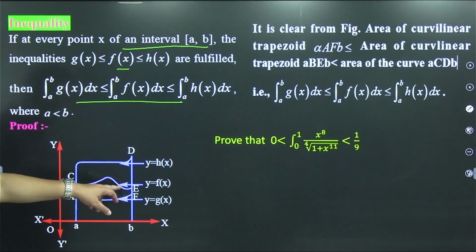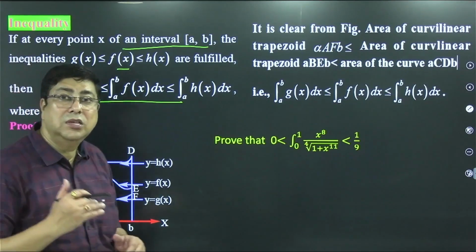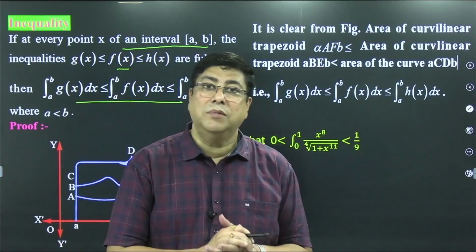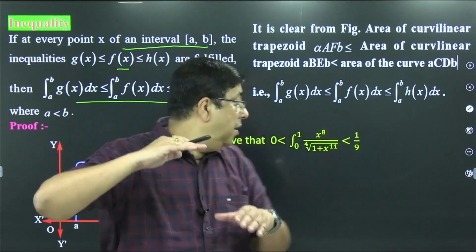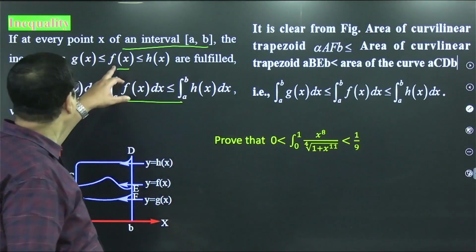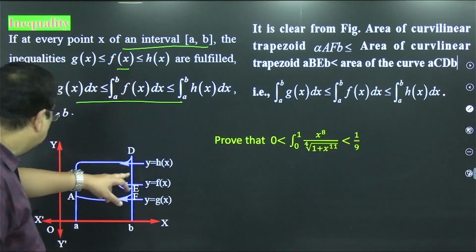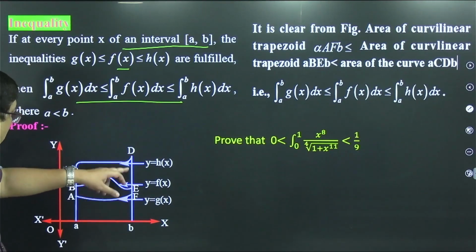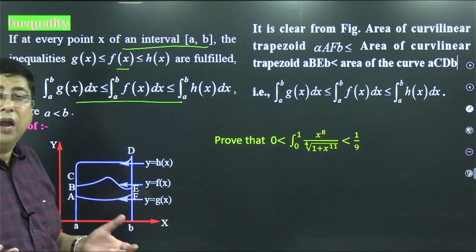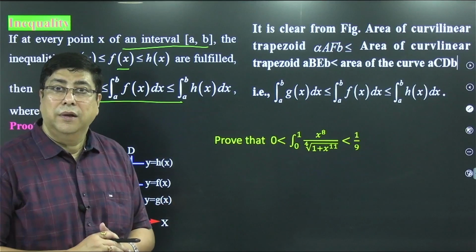Suppose f(x) is between g(x) and h(x). What is the meaning of this? The height of f(x) is greater than g(x) and less than h(x), like this. So accordingly, their shadow of the area also will be in the same pattern.